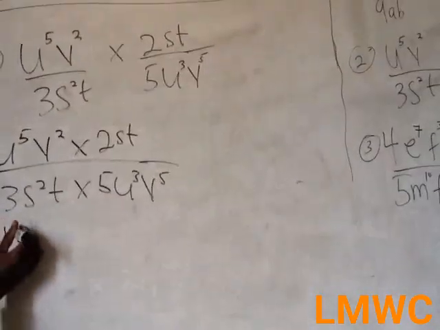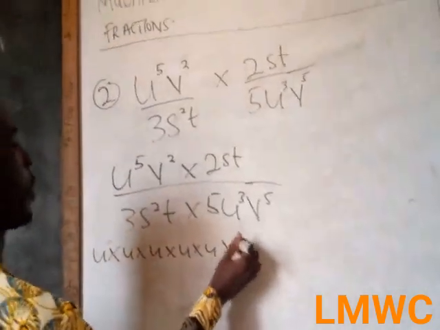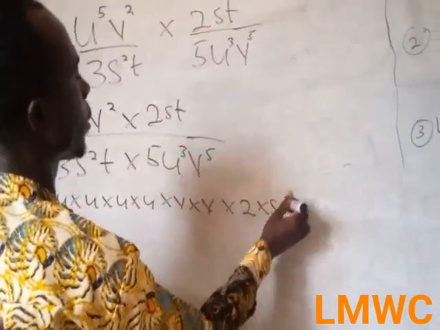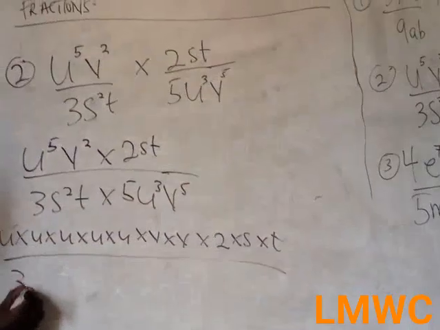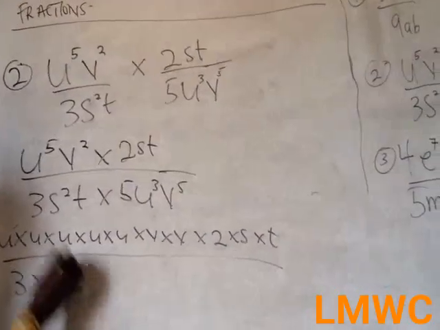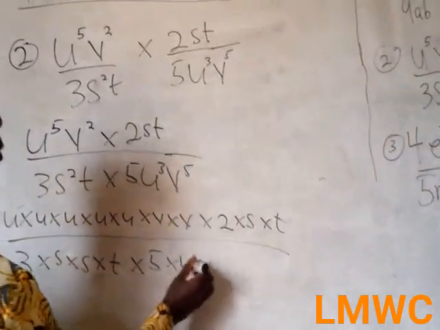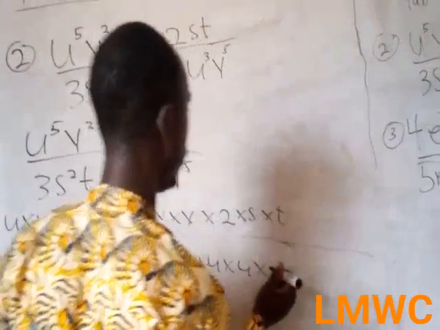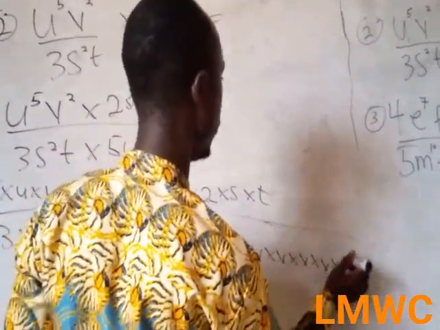So let's expand. u is 5 times u times u times u times u times v times v times 2 times s times t over 3 times s times s times 2 times t times 5 times u times u times u times v times v times v times v.